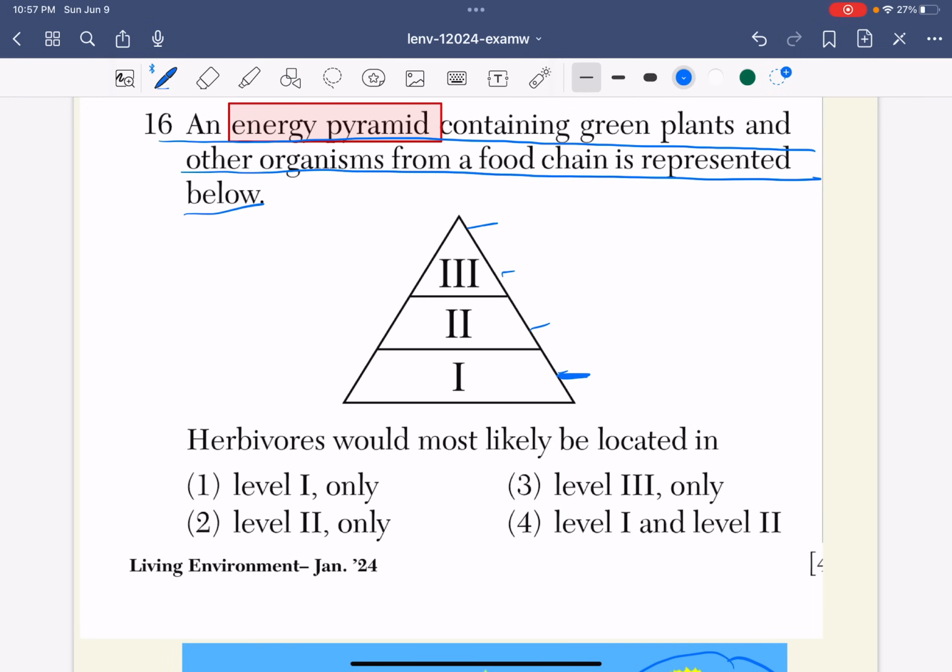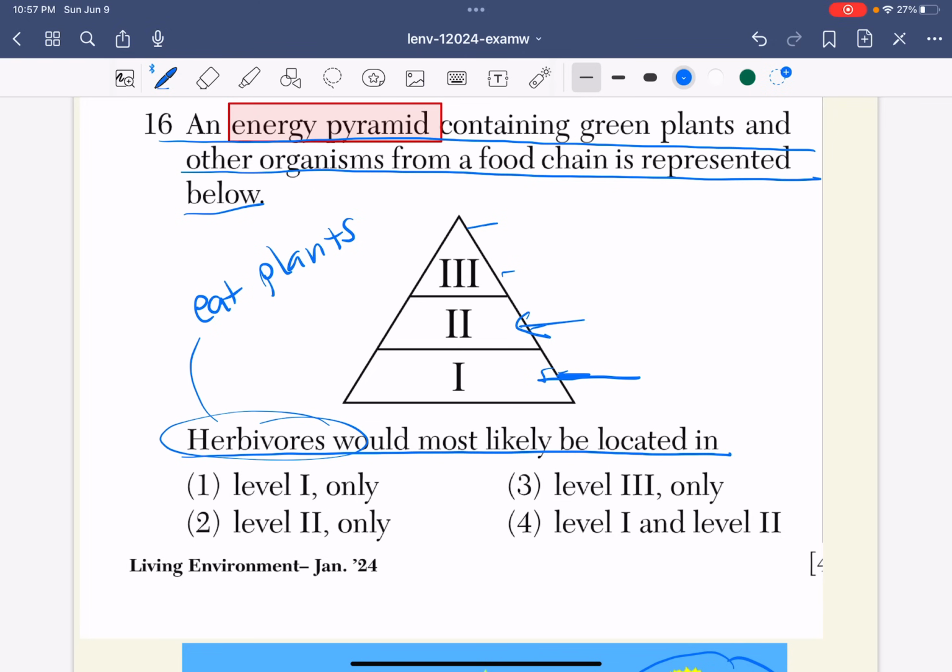So now that we know, let's go ahead and read the question. Herbivores would most likely be located. What are herbivores? They're animals that eat organisms that eat plants. Remember, the first one is autotrophs, the second layer is herbivores, and the third layer up is carnivores. So this one was easy once you know the info, of course.